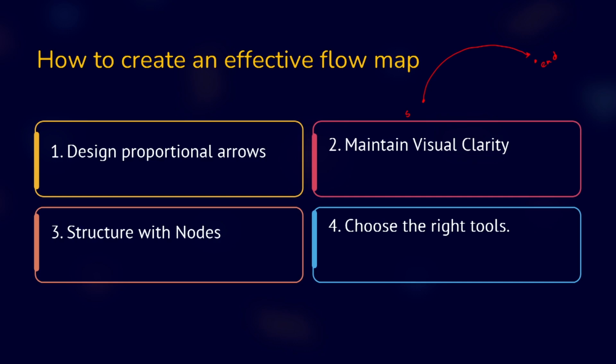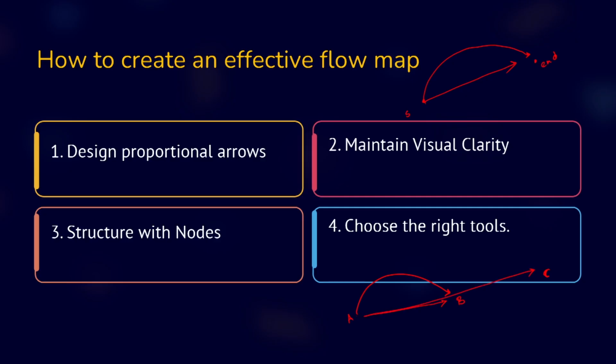Whenever we are drawing lines, we shouldn't be drawing straight lines, it should be radial. Why, I will tell you. Let us say this is point A and this is point B. If we want to show the flow, we will show it in a radial line, because let us say there is a point C next in the same direction. If we had drawn a straight line from A to B, then for A to C also we would overlap on top of it, correct.